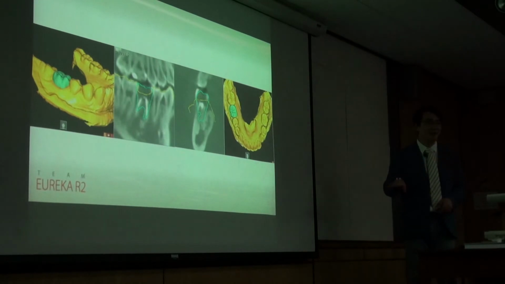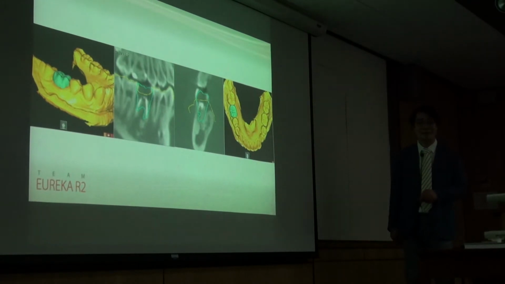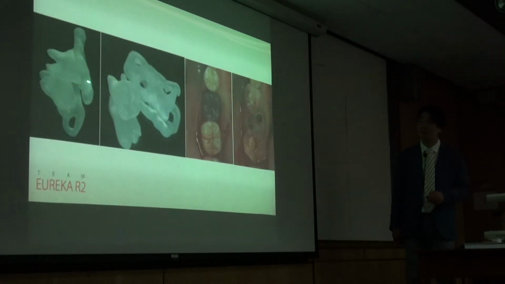I hate the implants. I need my third molar. So we make the third molar as STL and virtually extract it and put in a third molar like this. And we can see this kind of situation and print out the third molar using the 3D printer. And using this third molar, we prepared the site preparation first.